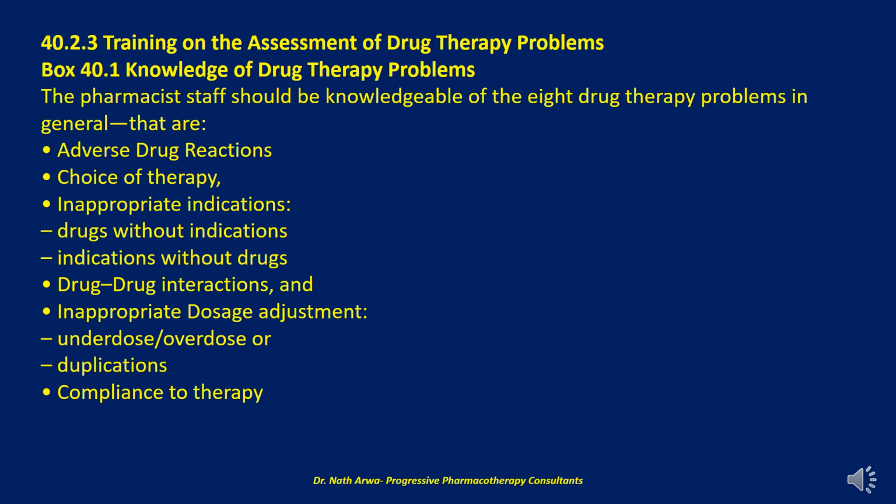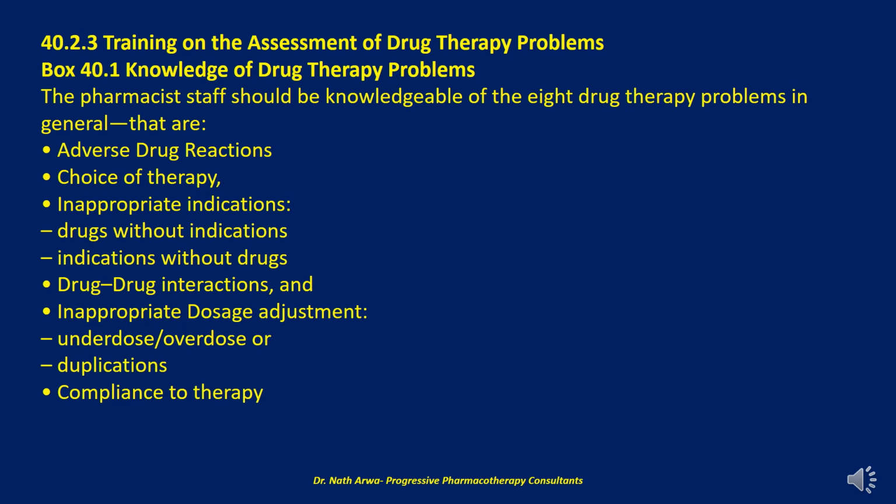Next we will discuss training on the assessment of drug therapy problems. Box 40.1 Knowledge of drug therapy problems. The pharmacist staff should be knowledgeable of the 8 drug therapy problems in general, that are as listed below. 1. Adverse drug reactions. 2. Choice of therapy. 3. Inappropriate indications, such as drugs without indications and indications without drugs. 4.